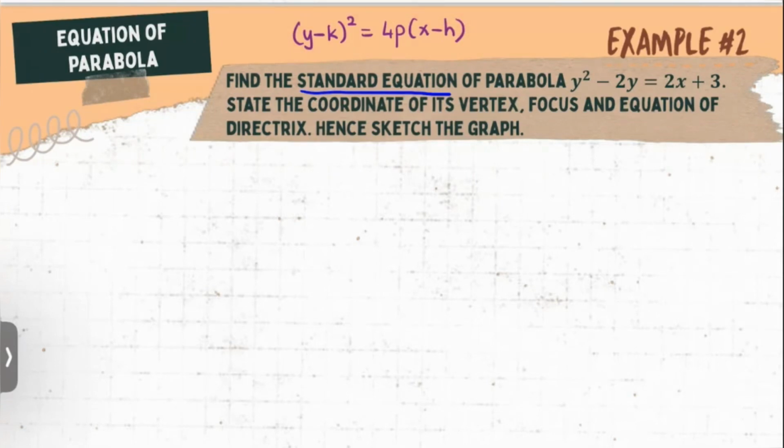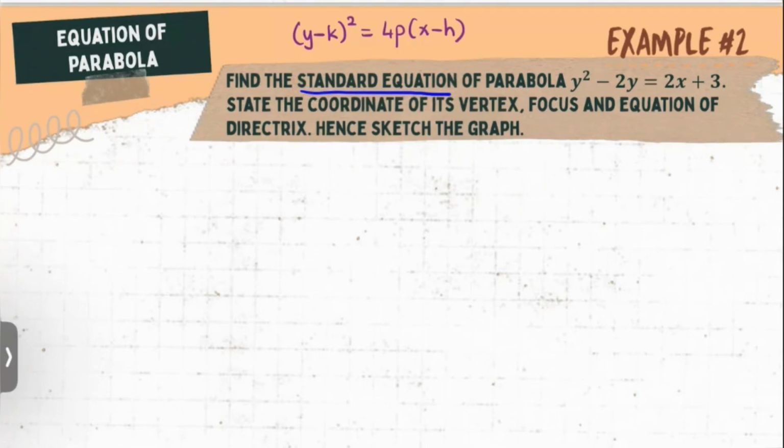Okay, and then soalan seterusnya adalah state the coordinates of its vertex, focus and the equation of directrix. Hence, sketch the graph. Okay, lepas dia suruh kita dapatkan info tu, dia suruh kita lukis. Alright, so first of all, let's try to find the standard equation.